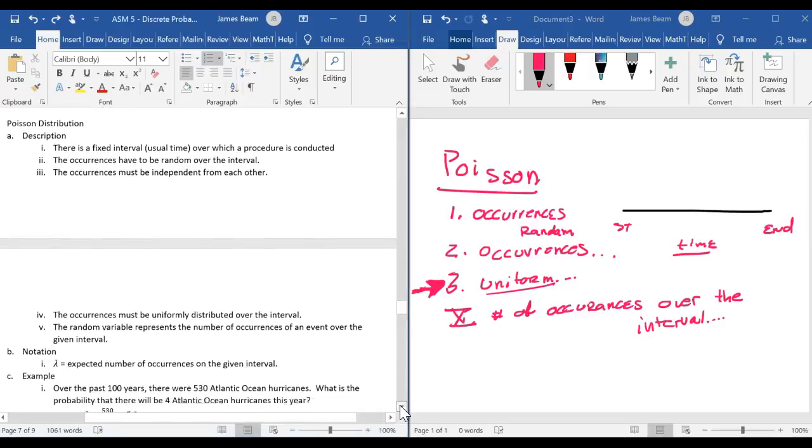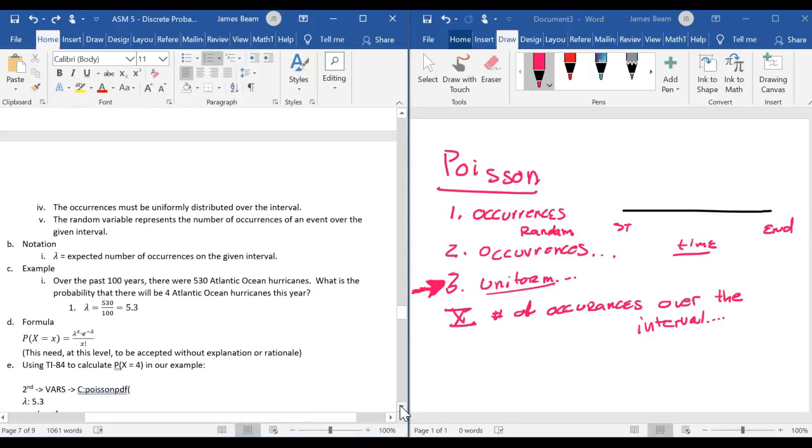All right, so where you had n and p and q in binomial, in Poisson you only have one. You have a thing called lambda. Looks like an upside down y. And lambda is the expected number of occurrences on the interval.